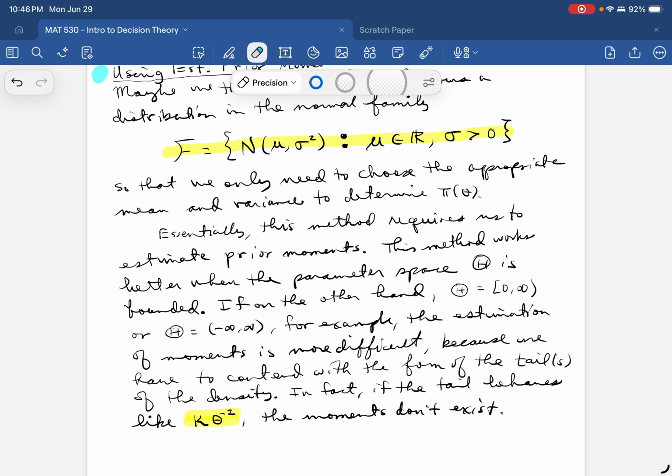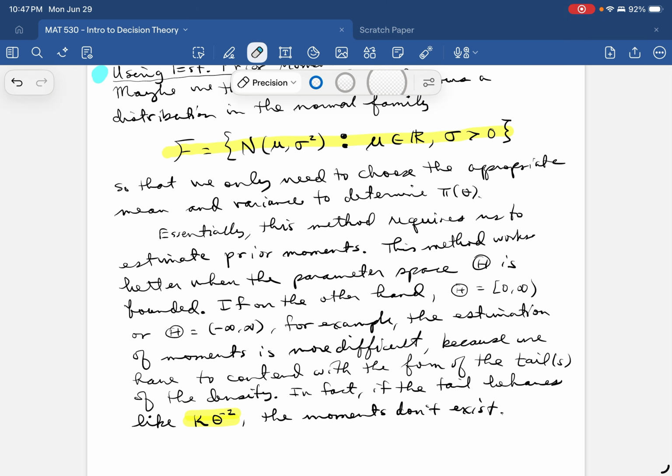Another thing to consider is the form of the space. If the space is bounded, then we don't have a tail area to be concerned with. But if it's not bounded, such as in this case and this case, we have to contend with the form of the tail of the density. We know the normal distributions and the t-distributions are concentrated on the entire real line.